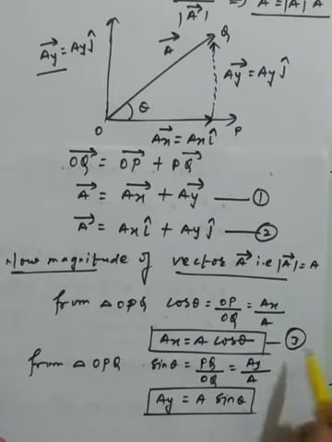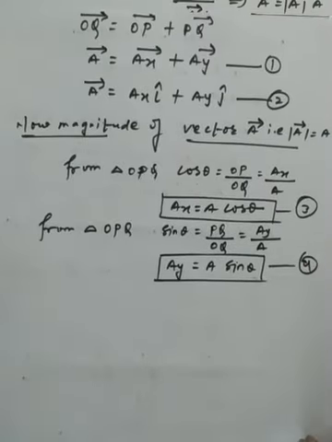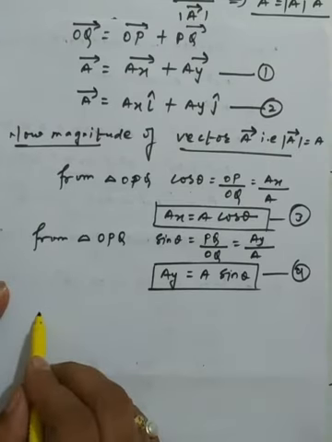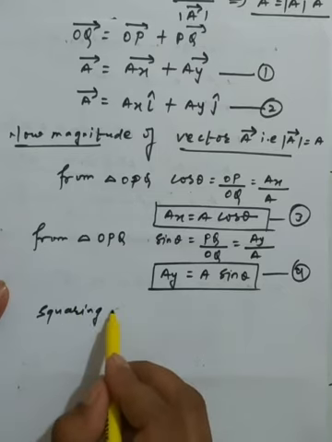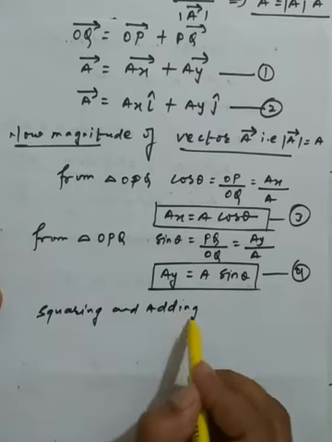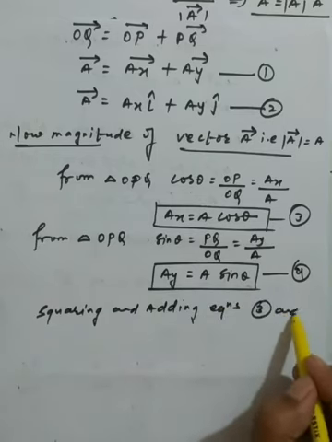That's equation number 3 we have. And simply AY can be stated as A sin theta. This is equation number 4. So mathematically, we want to calculate the magnitude, so we are just squaring and adding equations 3 and 4.